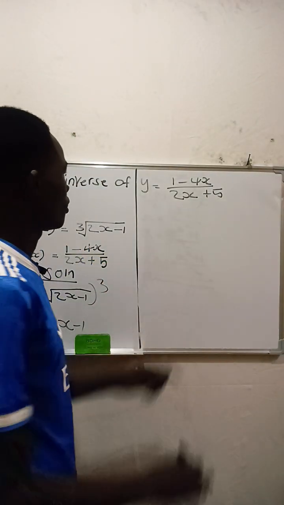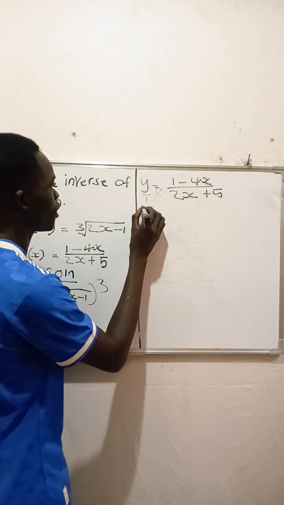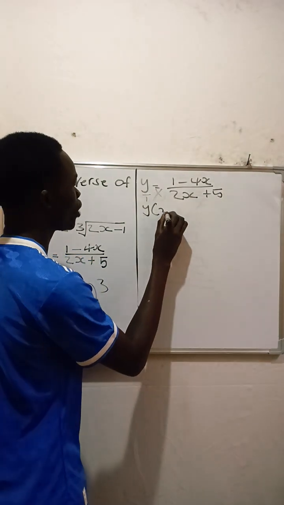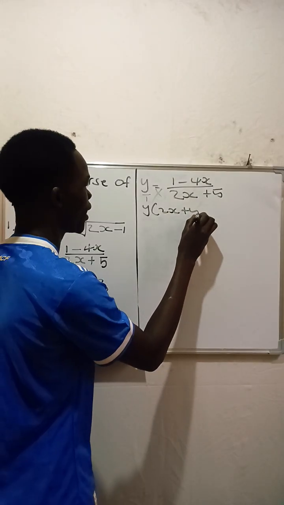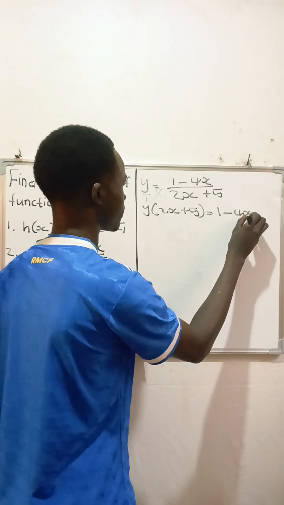Here let us cross multiply. We have y into 2x plus 5 equal to 1 minus 4x.